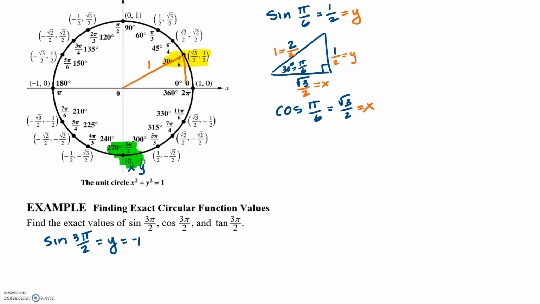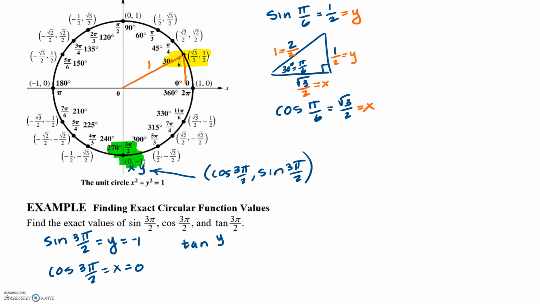And cosine is the x value, so cosine is going to be 0. So each point here is going to represent cosine of whatever angle that you have, comma, sine of that angle. In this case, the angle, or the arc length, I should say, is 3 pi over 2. Tangent, you would have to still use your old definition of y over x. And the y here was -1 and the x was 0. So the process is still the same. And of course, the answer will always be the same.